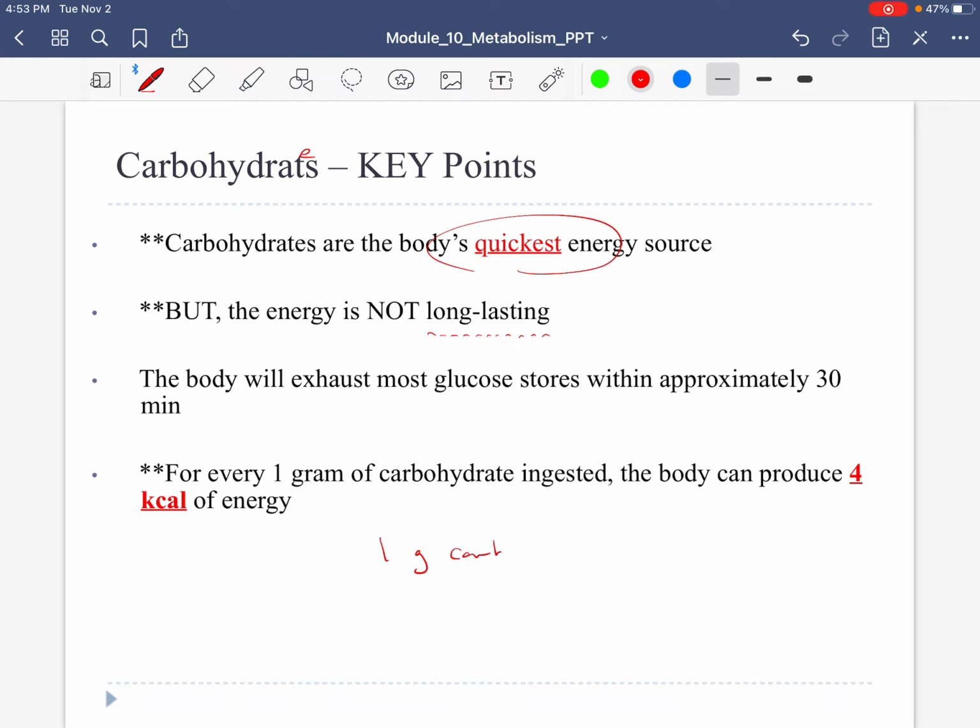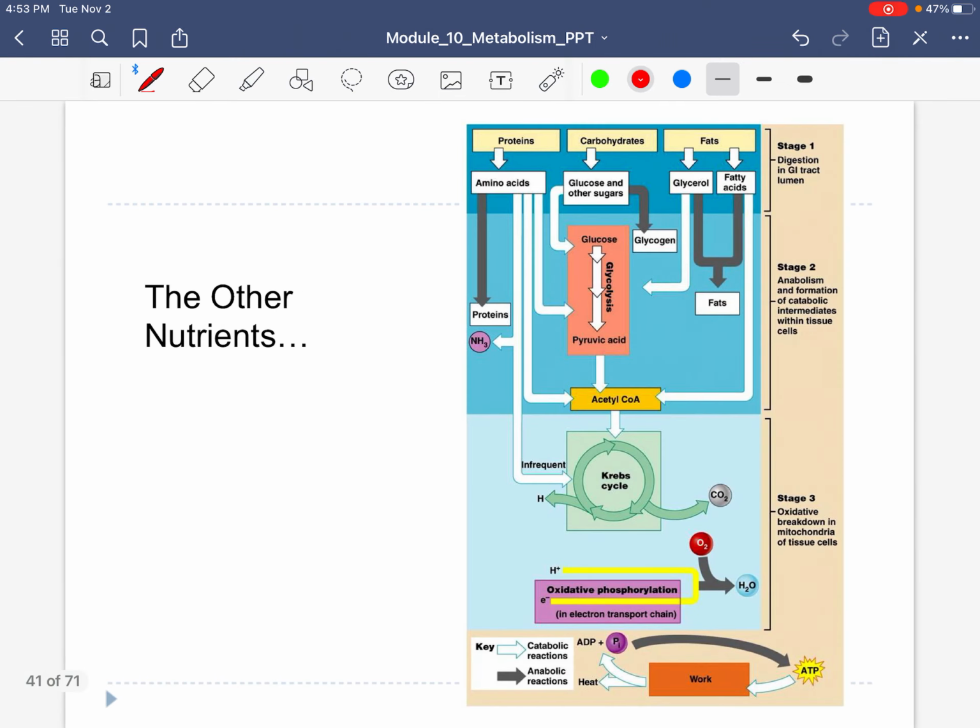So for every 1 gram of carbohydrate that is metabolized, it yields the equivalent of 4 kilocalories. We're going to see how fat is different from this.